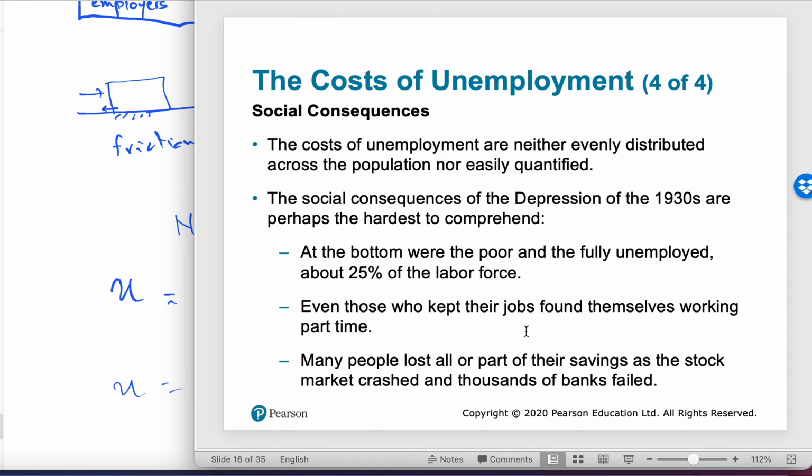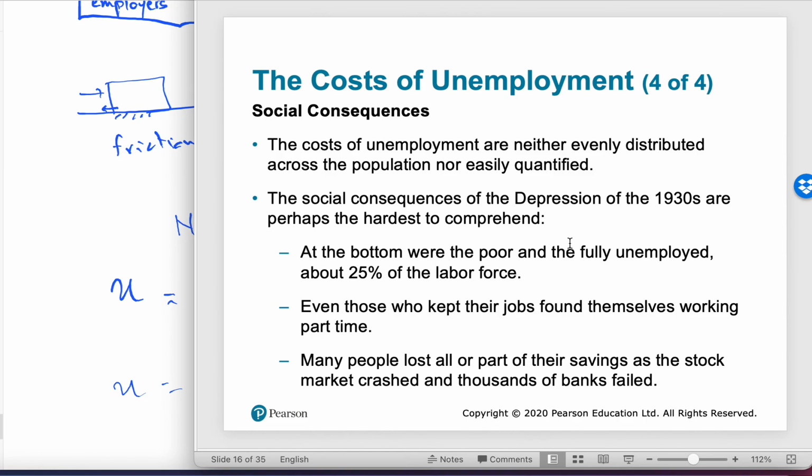So the social consequence, if it is cyclical unemployment, the social opportunity cost is very high. People may suffer a lot, families will suffer, and some people may commit suicide and things like that.